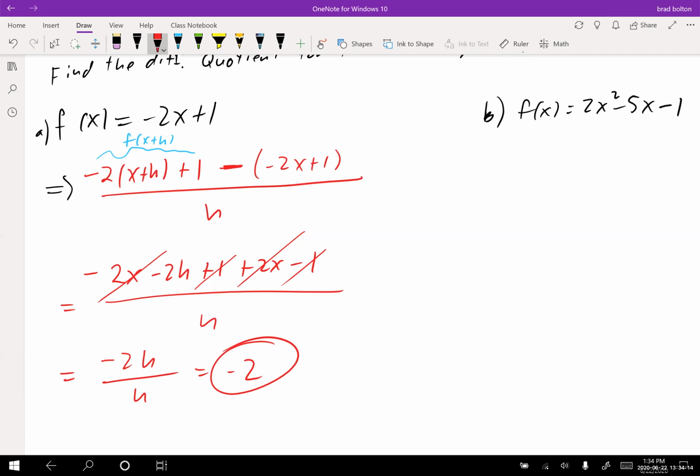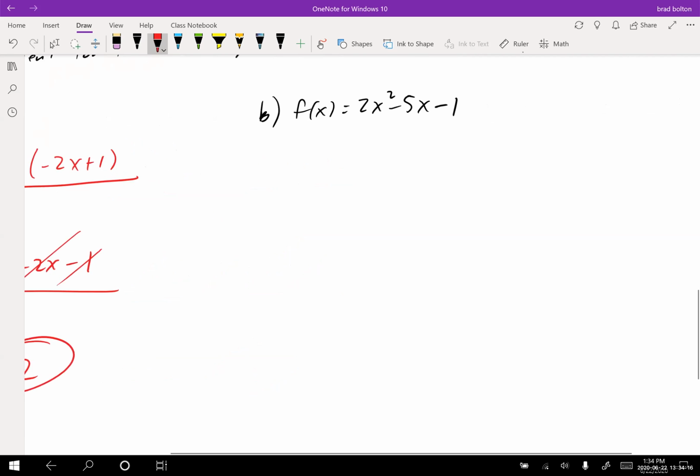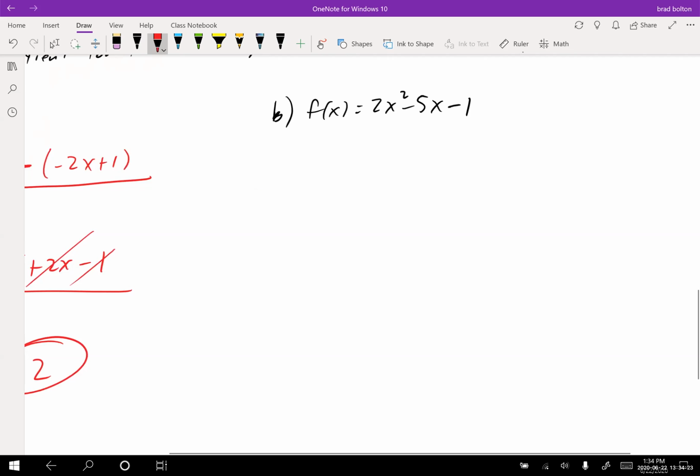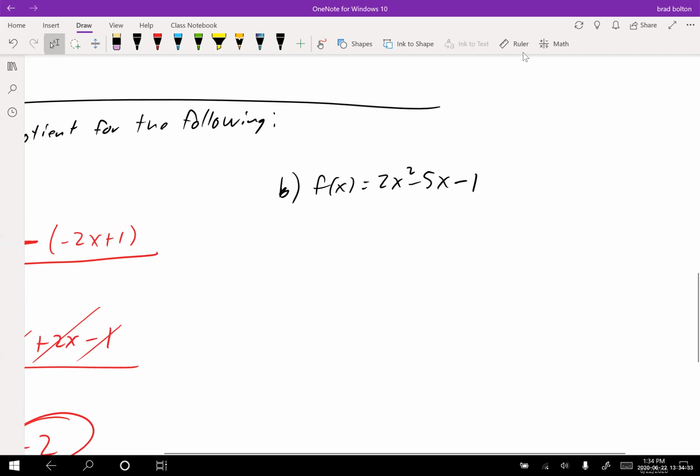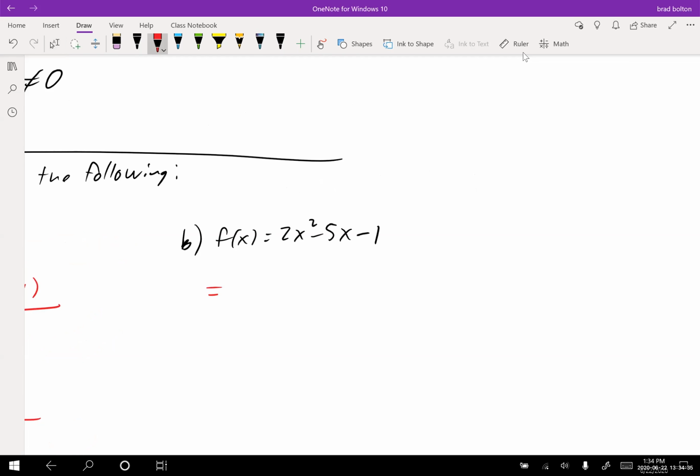Let's see here. Let's try this one over here. So pause, you just plug in the difference quotient, or plug in x plus h. So we use this formula right here, and we're going to plug in x plus h, subtract off the original function of x. So I'll give you a try, and then we'll go back over it together. Okay, so now we're going to have 2 times x plus h quantity squared minus 5 times x plus h minus 1.